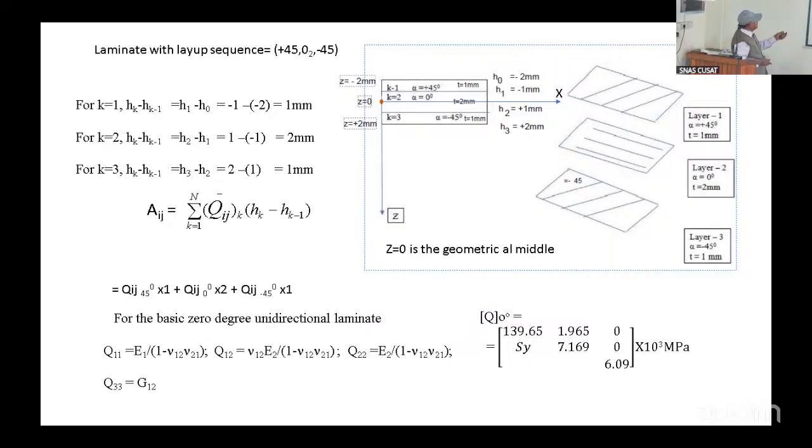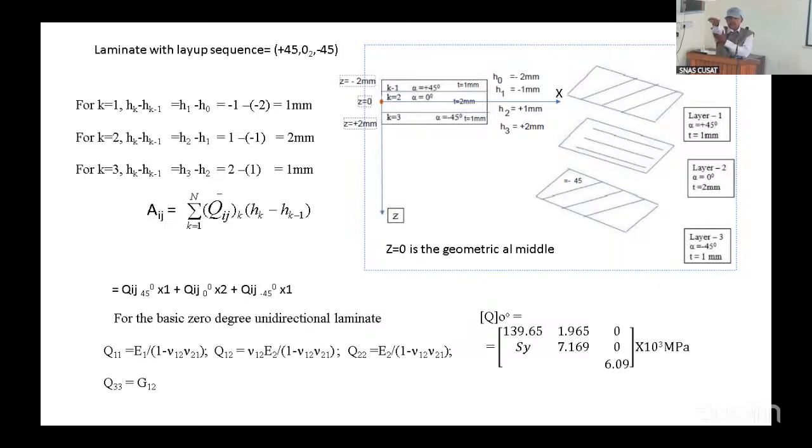That is why we write 1, 2, 3 from the top. If it had been otherwise, 1, 2, 3 would go from bottom to top; instead, we write top to bottom. So K1, K2, K3, three layers are there. We want to solve the present problem for a three-layered laminate: plus 45, 0, minus 45.